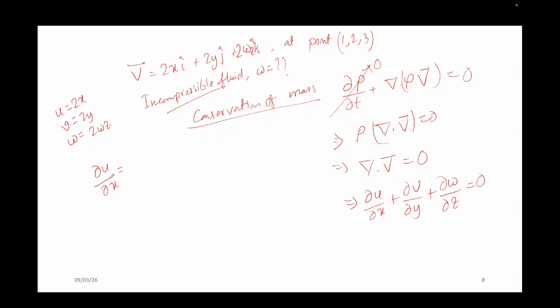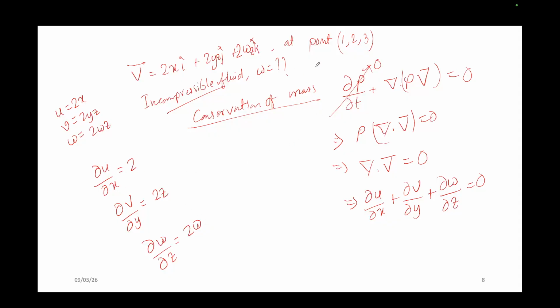It is 2. Say I just write z here for your understanding. So dv/dy, what would it be? 2z. Next dw/dz, it should be 2w, right?